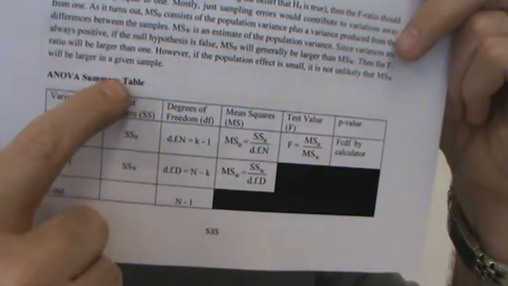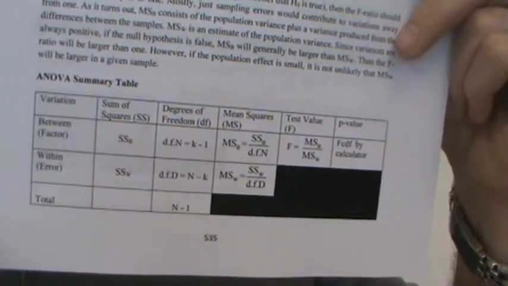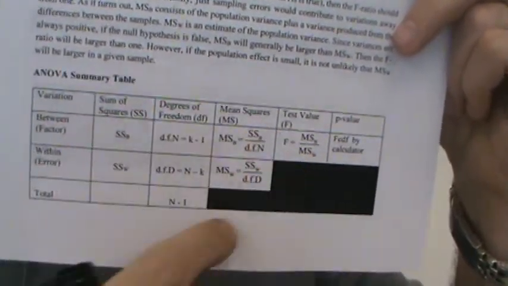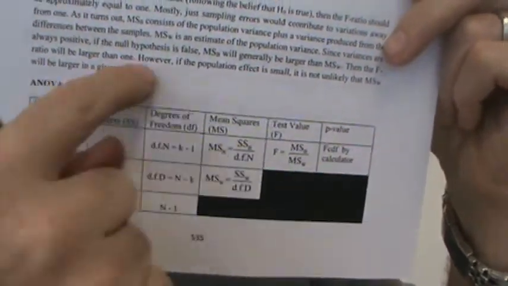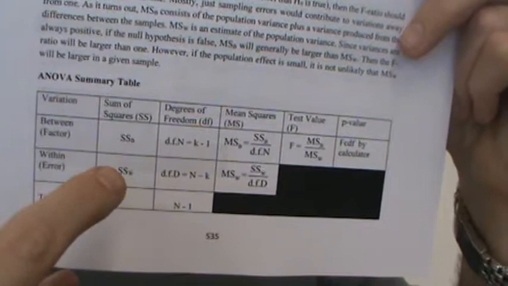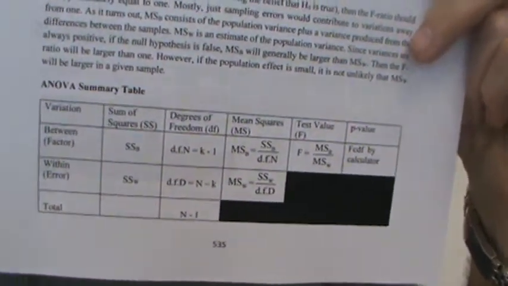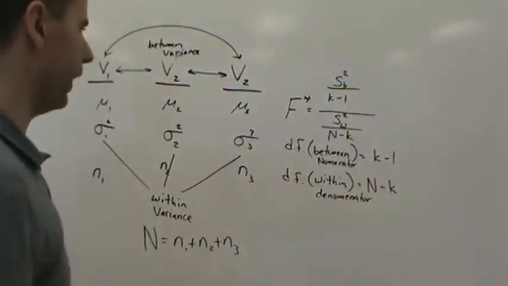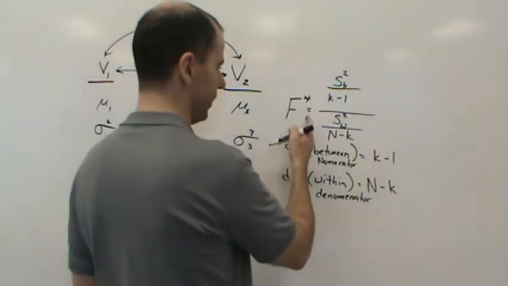Okay, and this is the summary table on the output. So again, this is the technical. If you use a computer program, this is what you would see. This is what I use a lot. But again, on the calculator, you're not going to see any of this. Okay, so again, this is the calculation that you do.